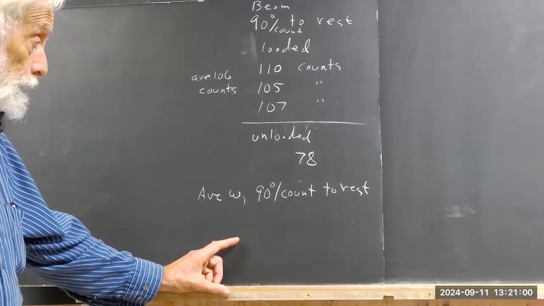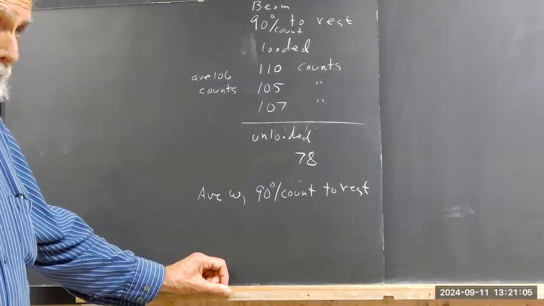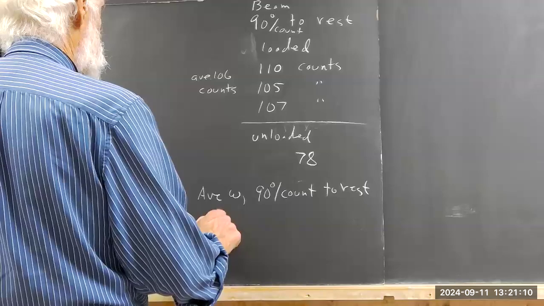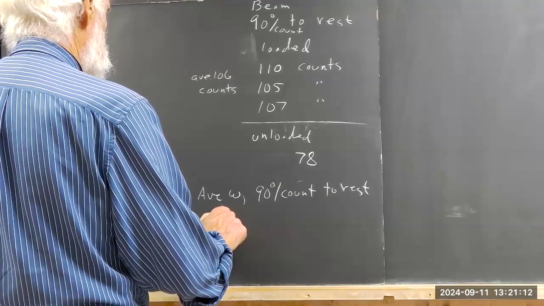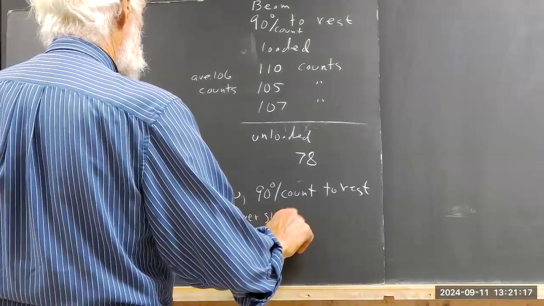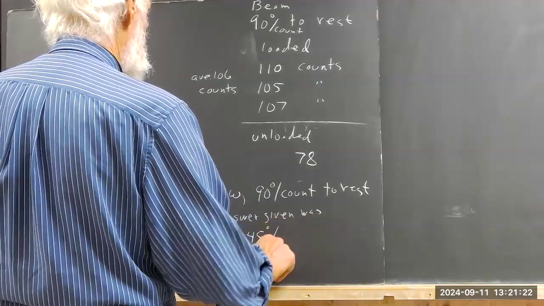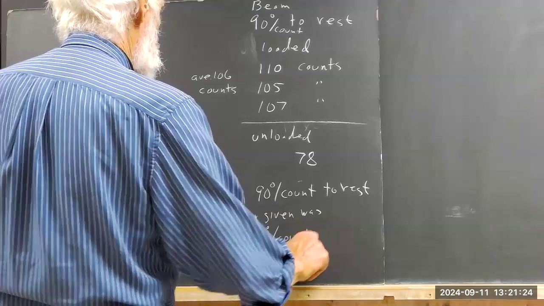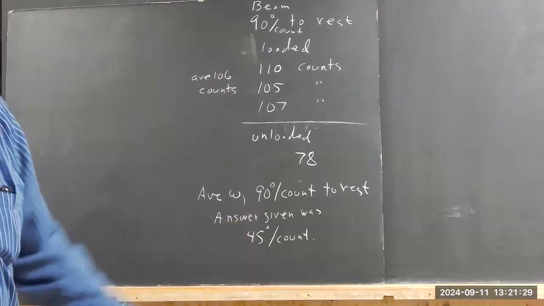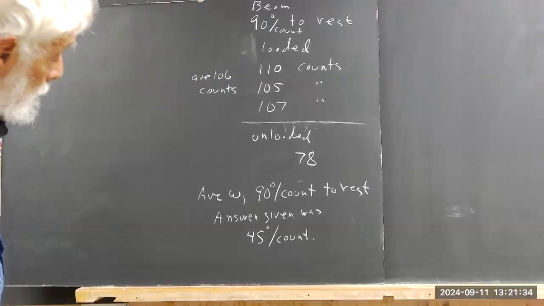But the average angular velocity, if you assume angular acceleration to be constant, is, well, 45. That's the answer that was given, because you're going from 90 to 0, the average is 45, right?